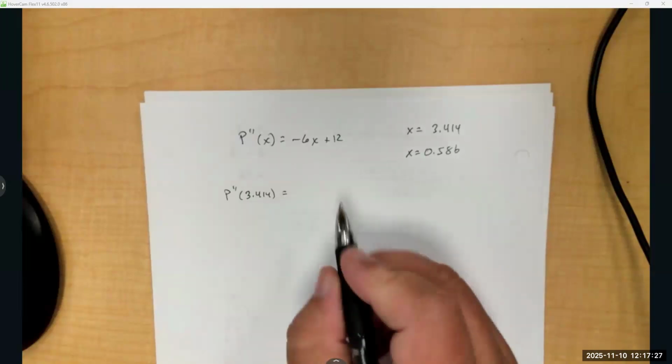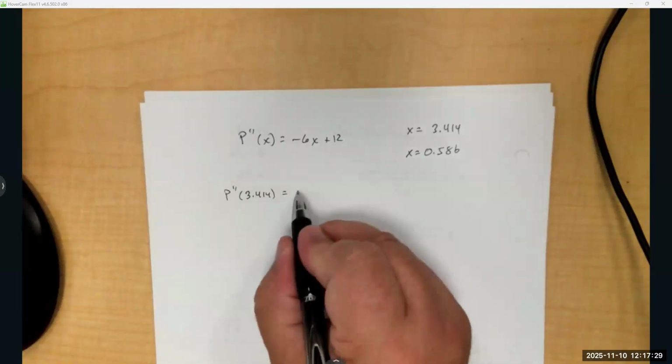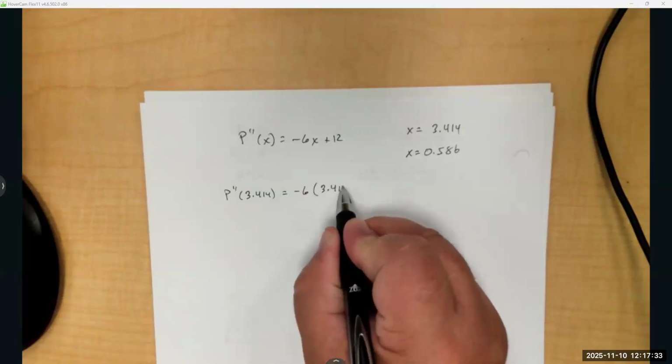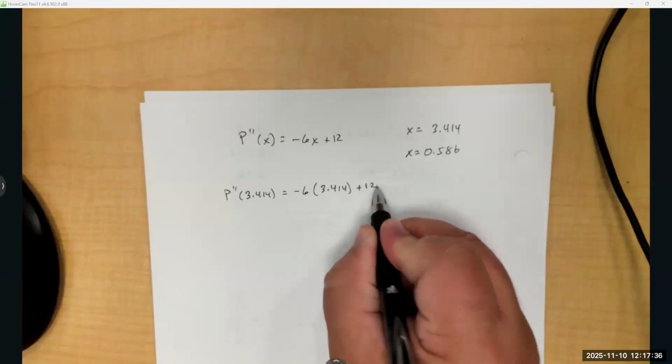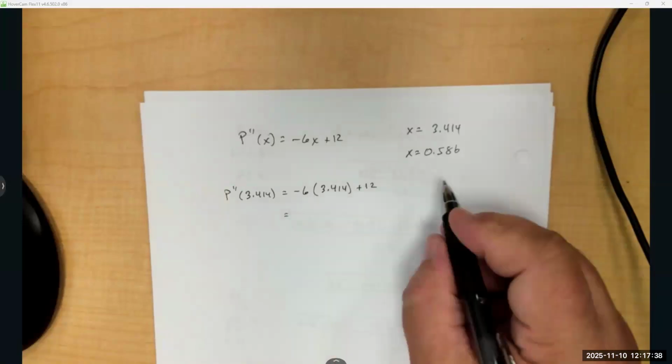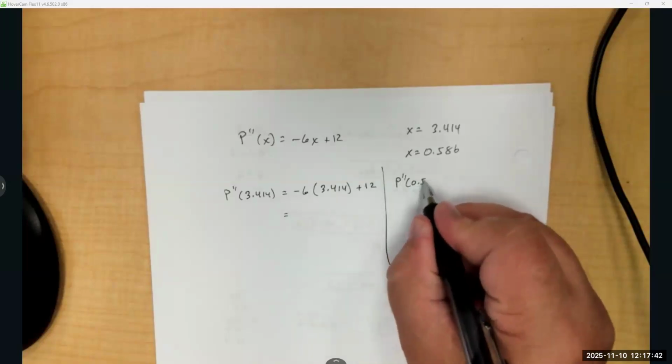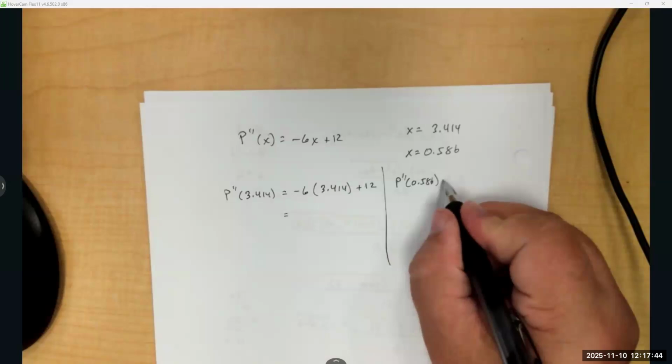Negative 6 times 3.414 plus 12, and then 0.586.